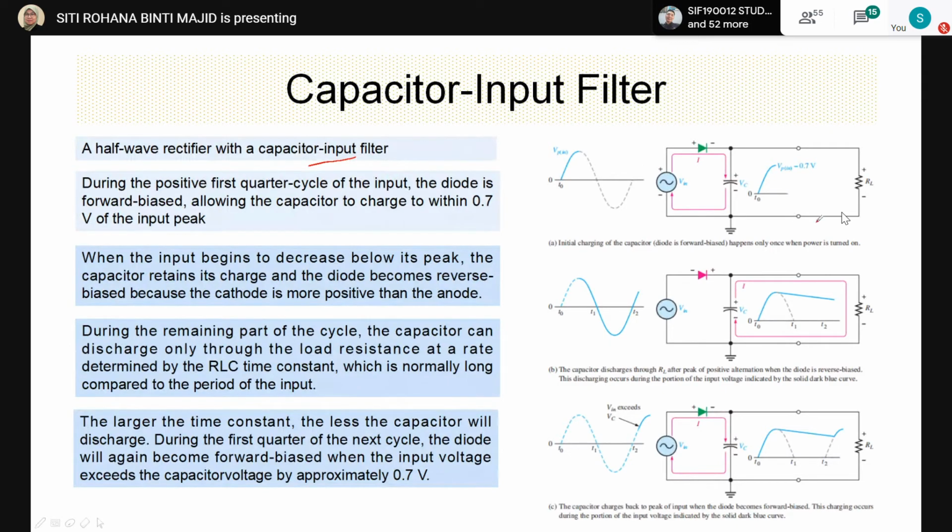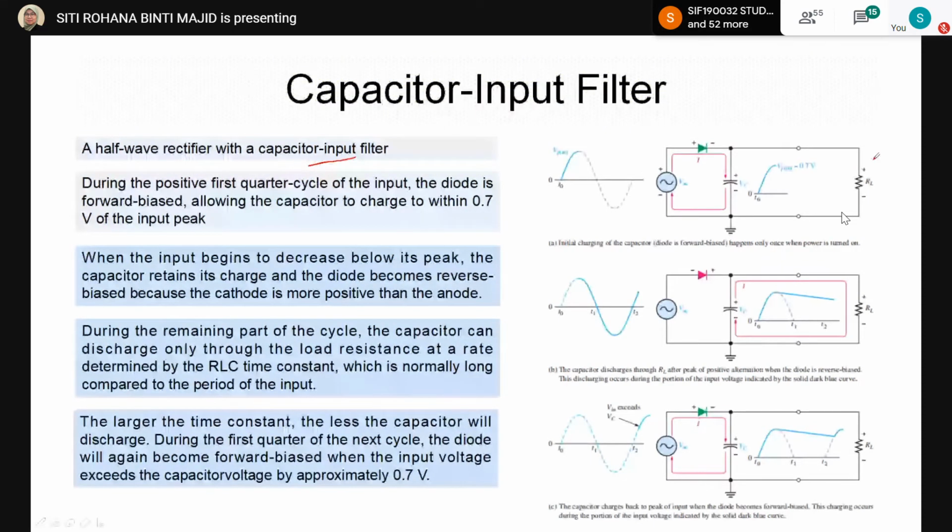That is why in this diagram you can see the half wave rectifier, and then this capacitor before it goes to the load.